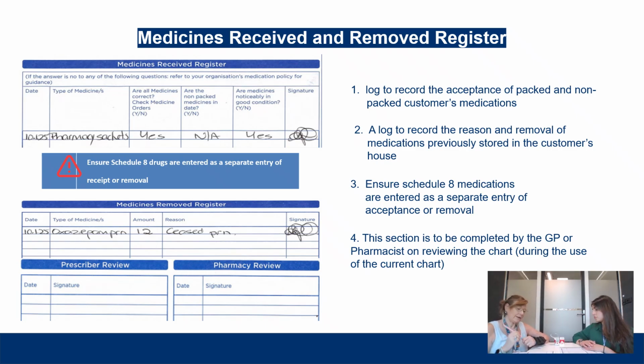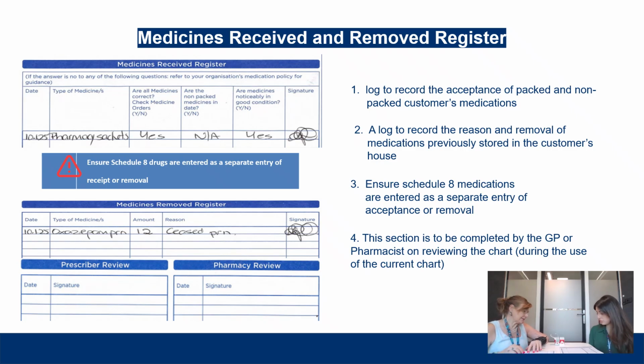No. Are the non-packed medicines in date? Yes, if there was a current expiry date on. Are medicines noticeably in good condition? I'd have put a no for that, and then you would automatically escalate that to your practice leader and also notify the pharmacy. Risk man as well? And do a risk man, yes, of course.